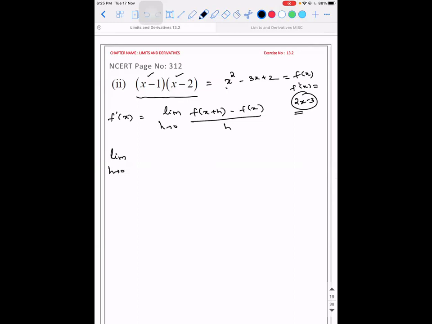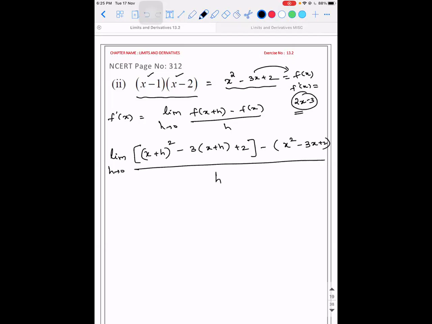Can I take this itself as f of x? If that is the case, then I will write it as x plus h the whole square minus 3 into x plus h plus 2, minus of x square minus 3x plus 2, the whole divided by h.